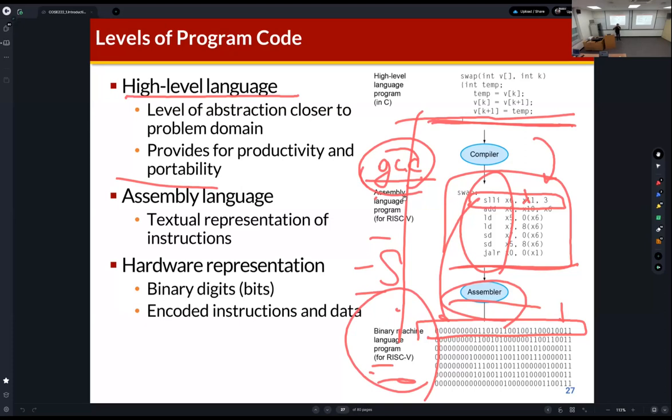A processor is a system that can only understand digital signals, 0 and 1. So in order to run an application, these applications need to be translated. And this translation step is called compilation, or in Korean, compile, right? Compilation is the noun form of compile.